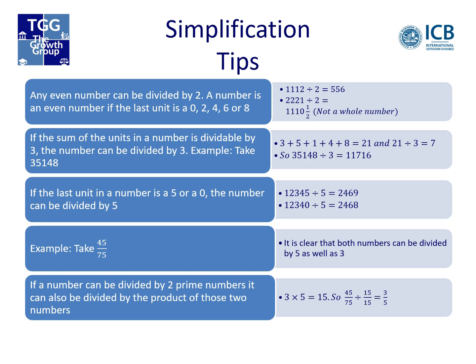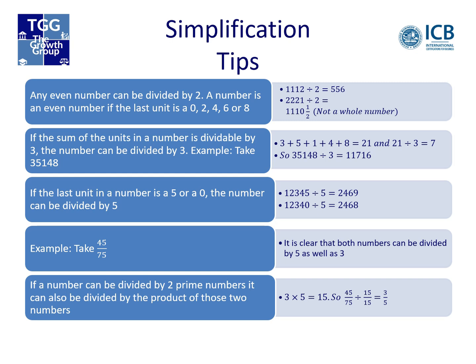And we know that 21 can be divided by 3, and we will get 7. And so therefore we immediately know that the number 35,148 will also be divisible by 3. And when we divide it by 3, we get 11,716. And of course, you'll just use your calculator for all of these.